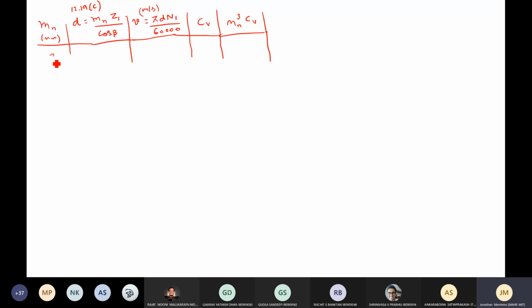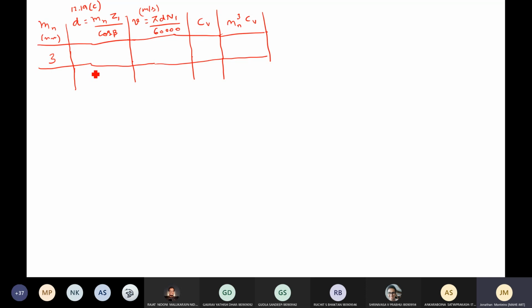So let us start with 3. Why did I start with 3? Because 2 will never satisfy it, as we know even before calculation. Let us start with 3 and try to optimize.